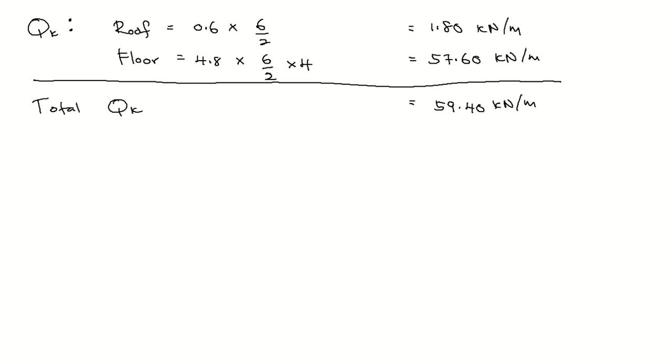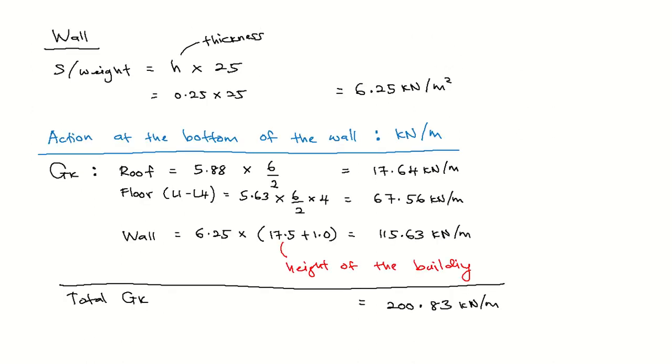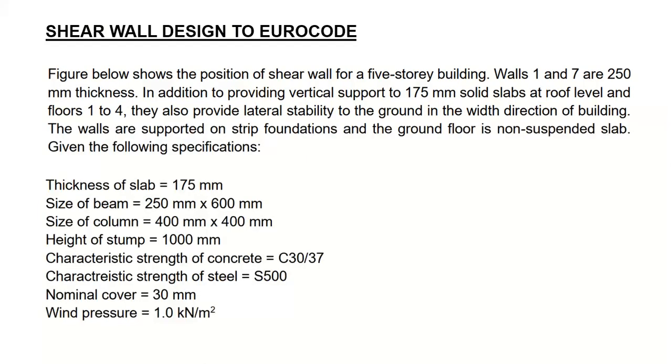Okay, and do we stop here? No, we have the wind action, the WK. So for the wind, WK, the wind action is equal to the safety factor and the value of wind action from the question. The wind pressure is given here as 1 kilonewton per meter square.